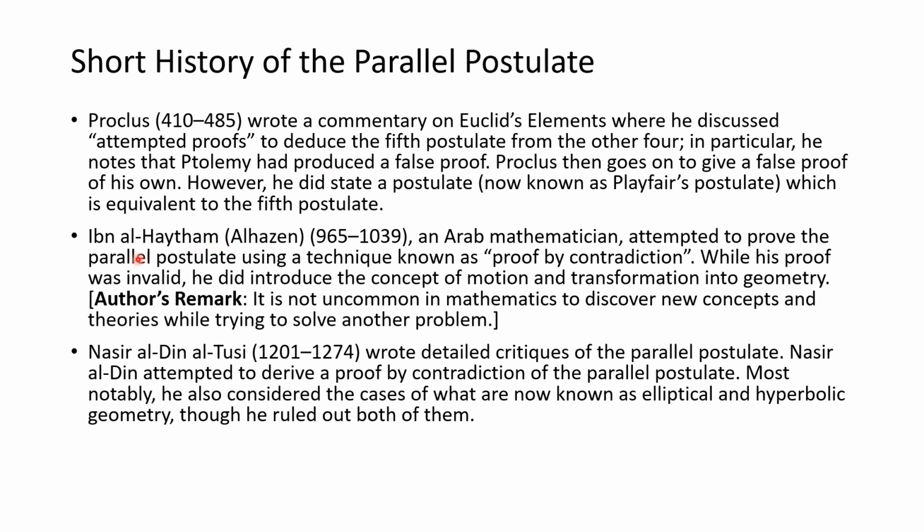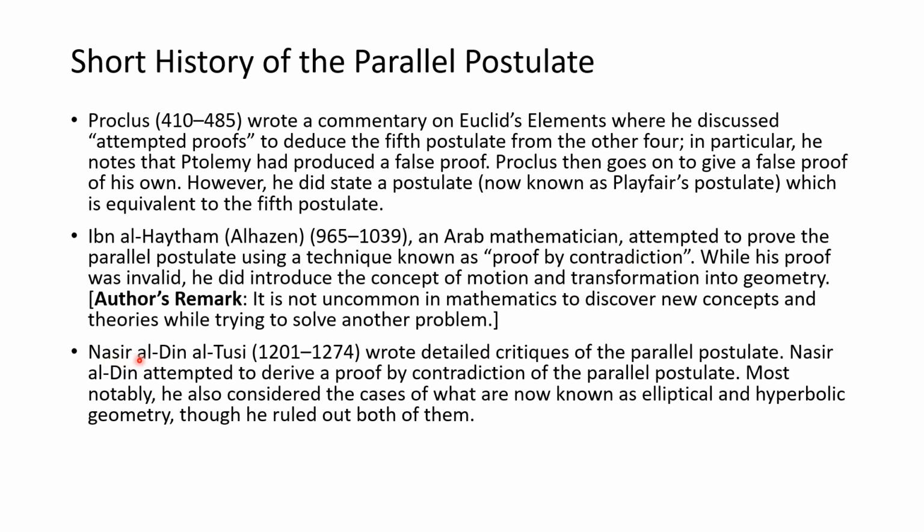And similar here for Ibn al-Haytham, also known as Alhazen. He worked a bit later, like another 500 years later. So he also had an attempted proof that didn't work out. But out of his work came the concepts of motion and transformation in geometry. So again, something good came out of a failed attempt.